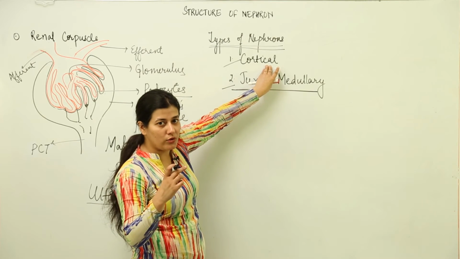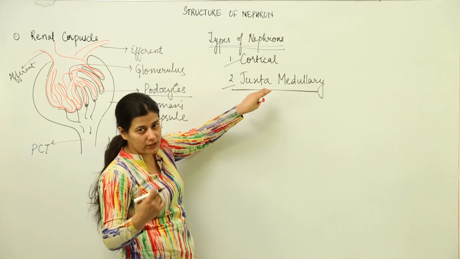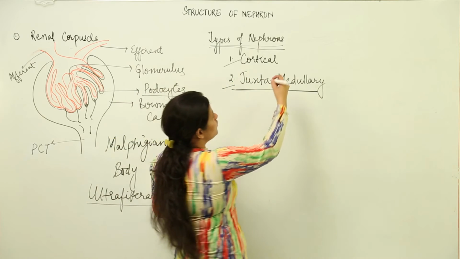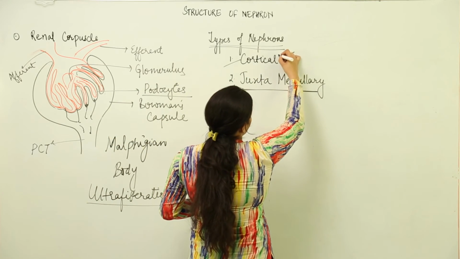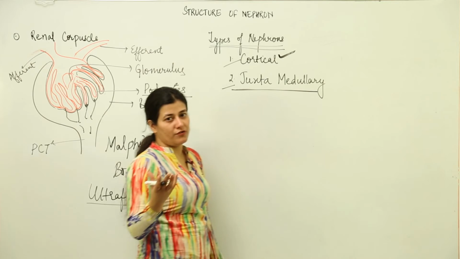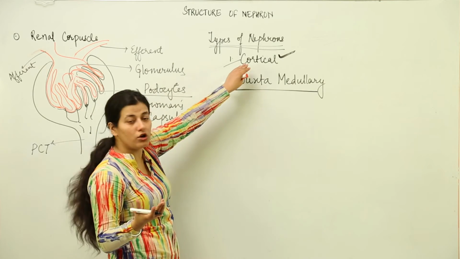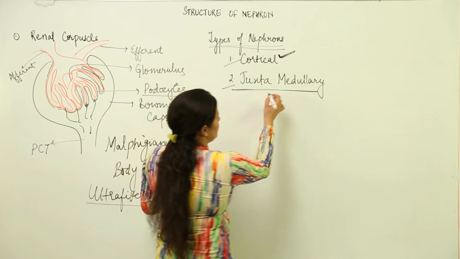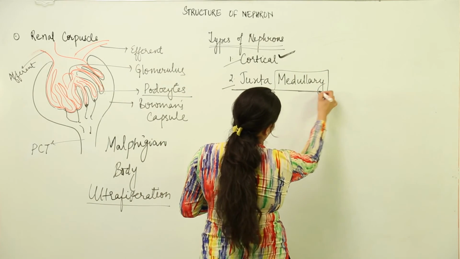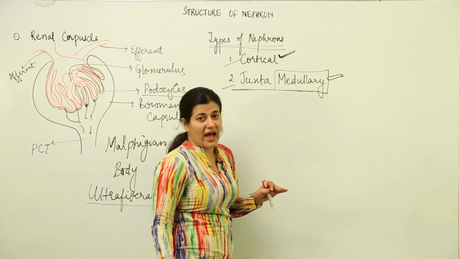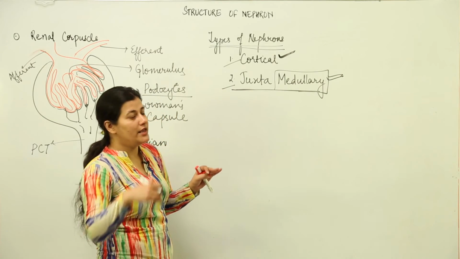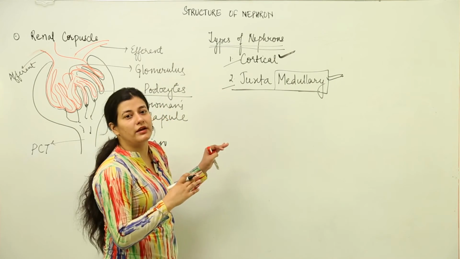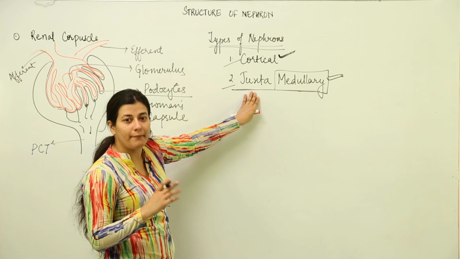That means only a small amount of the loop of Henle descends into the medulla of the kidney, and maximum part of the nephron would be present in the cortex itself. When it extends deeply into the medulla, the name suggests juxtamedullary. The nephron will have a longer loop of Henle extending greatly into the medulla.